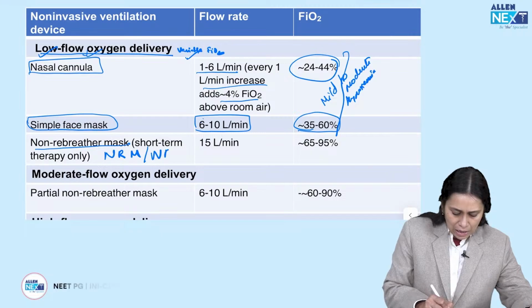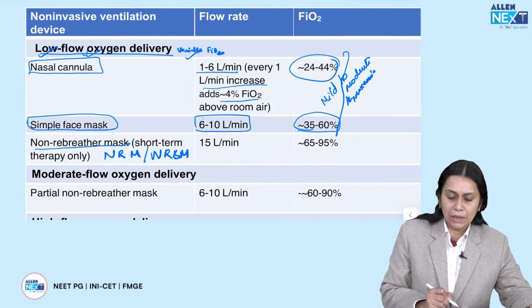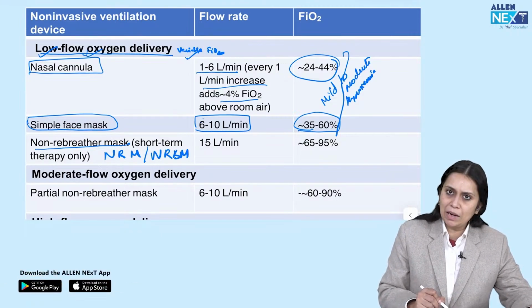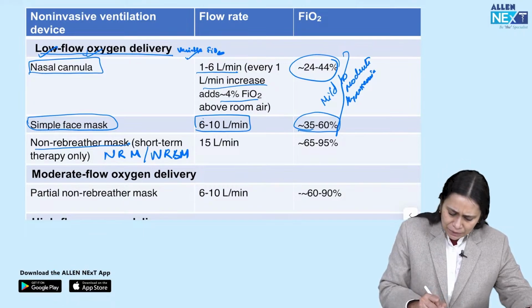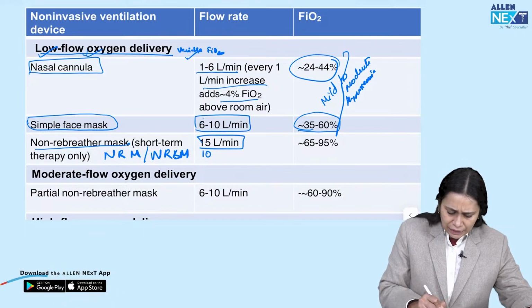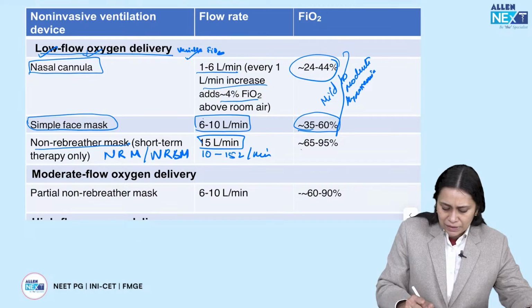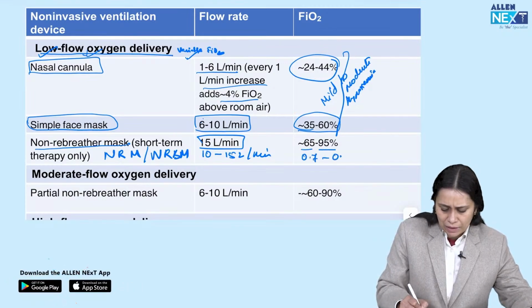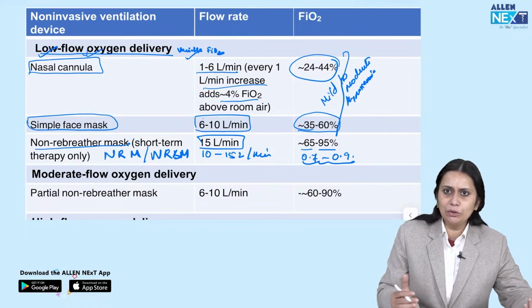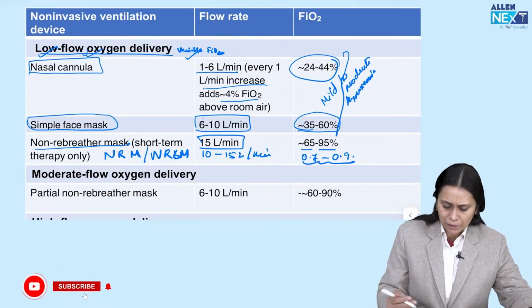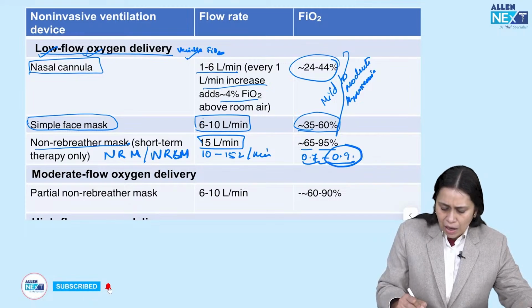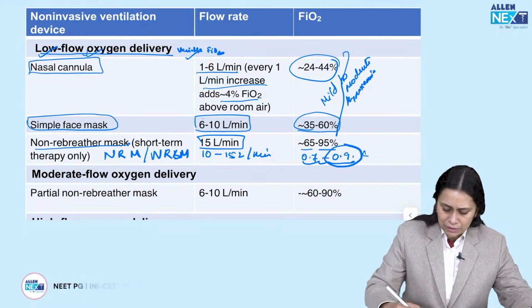What flow rate do we keep in NRM? We keep 15 liter per minute. We can start with 10 and keep a maximum of 15 liter per minute. And the FiO2 it achieves is from 65 to 95%. Roundabout we say 0.7 to 0.9, that is 70 to 90%. So it achieves a very high FiO2.